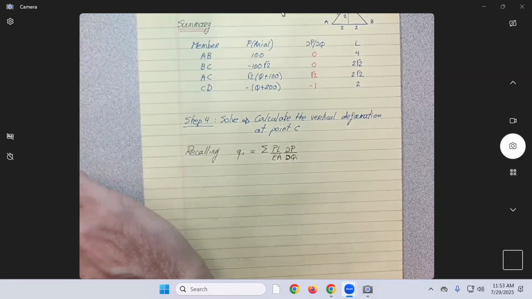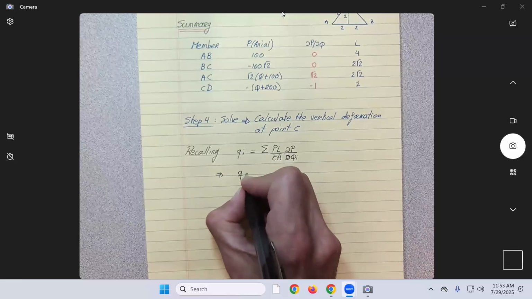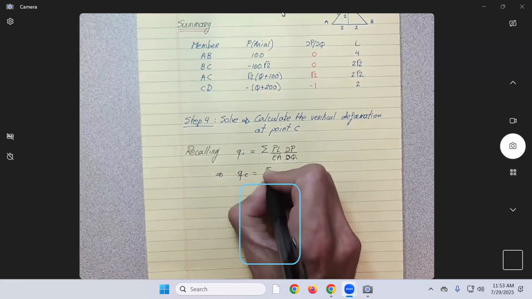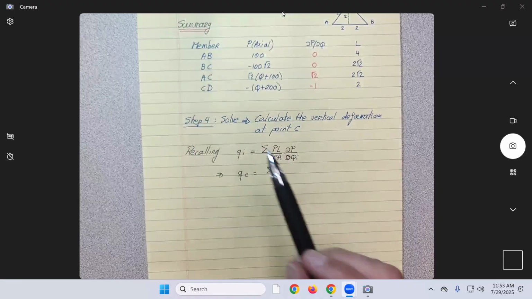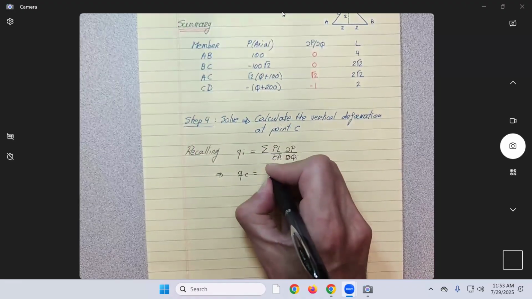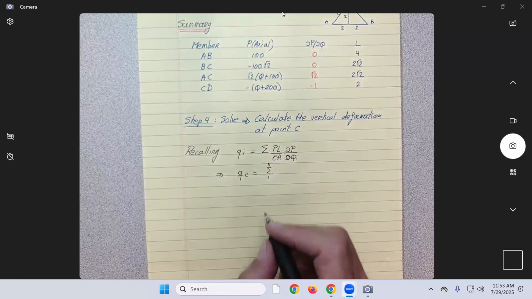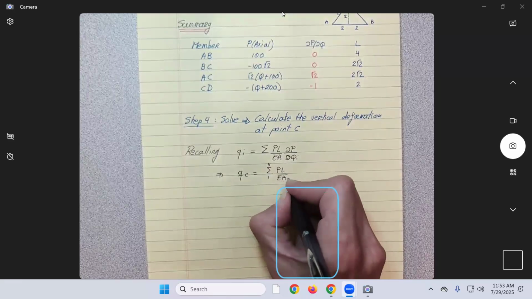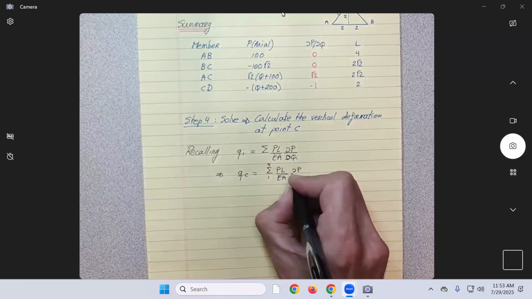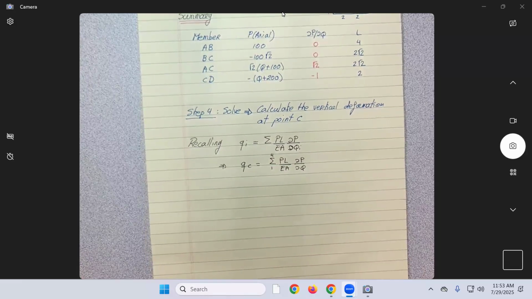Or in our case, this equation will be what? Q of C will be equal to the summation. How many members do we have? 1, 2, 3, 4. So from 1 to 4, PL over EA, partial of P, partial Q. I'm not going to start putting I's all over the place because it will be a nightmare.